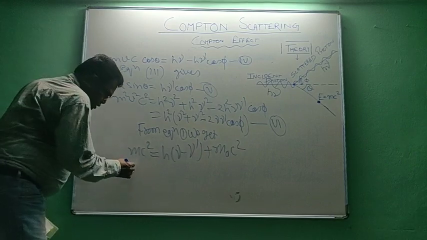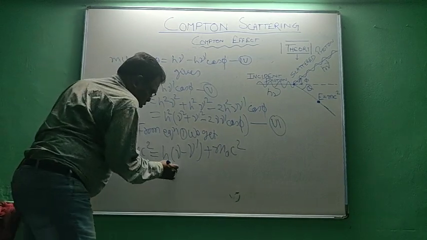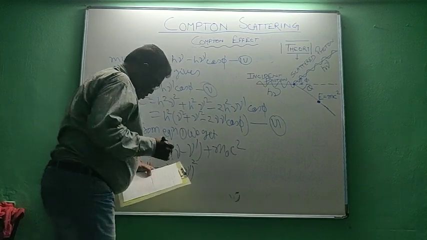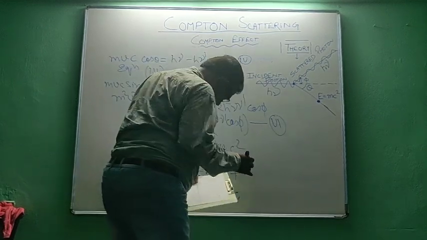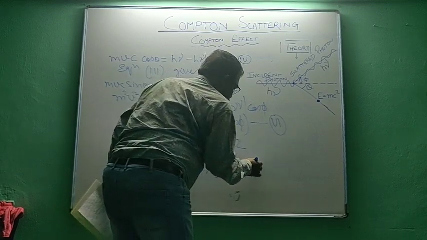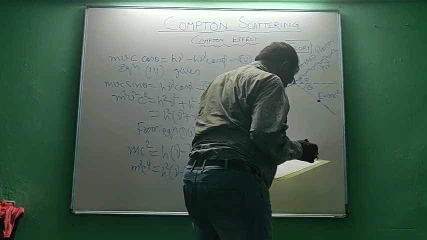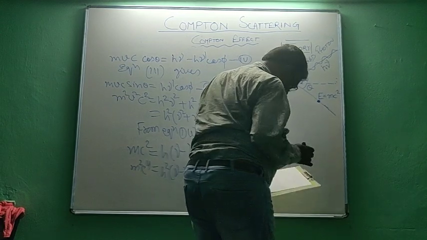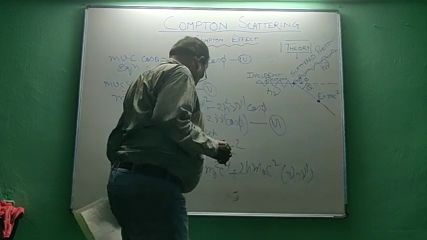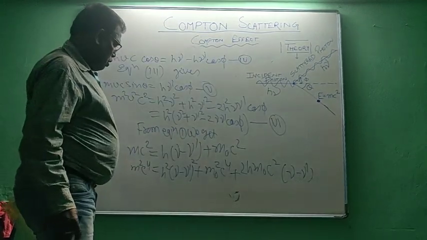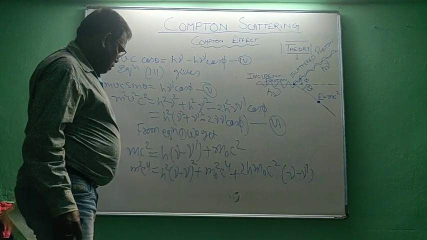Squaring this, we get m square c4 equals h square nu minus nu dash the whole square plus m naught square c4 plus 2 h m naught c square times nu minus nu dash.